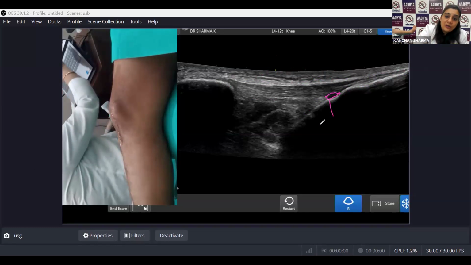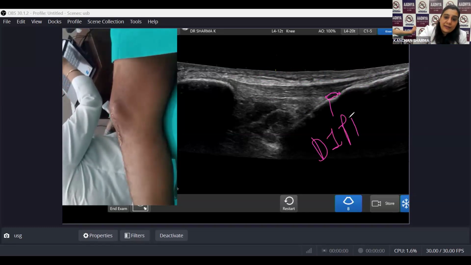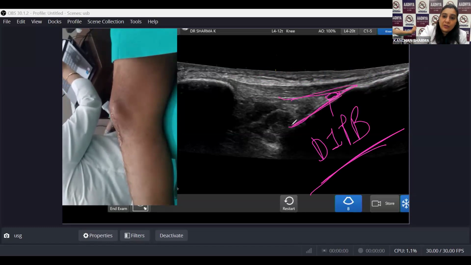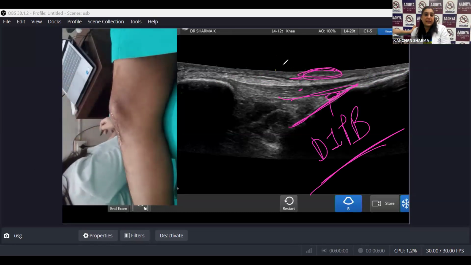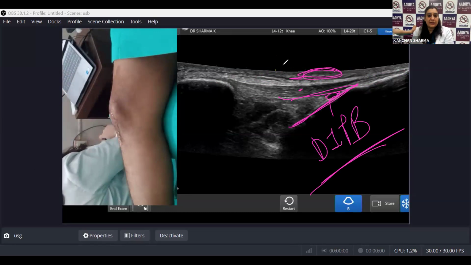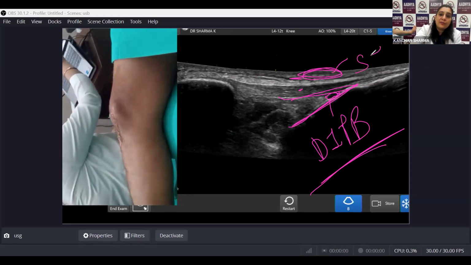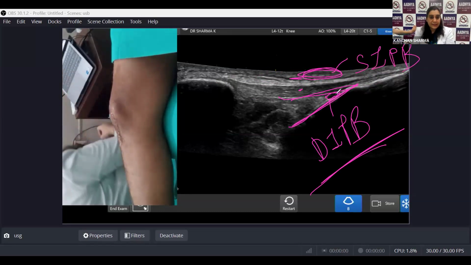So this is your deep infrapatellar bursa. And as you can see, this is between the patellar tendon and your tibia. And if it is in the superficial aspect somewhere here, this will be between the patellar tendon in the subcutaneous plane, between the skin and the patellar tendon. So this will be your superficial infrapatellar bursa.